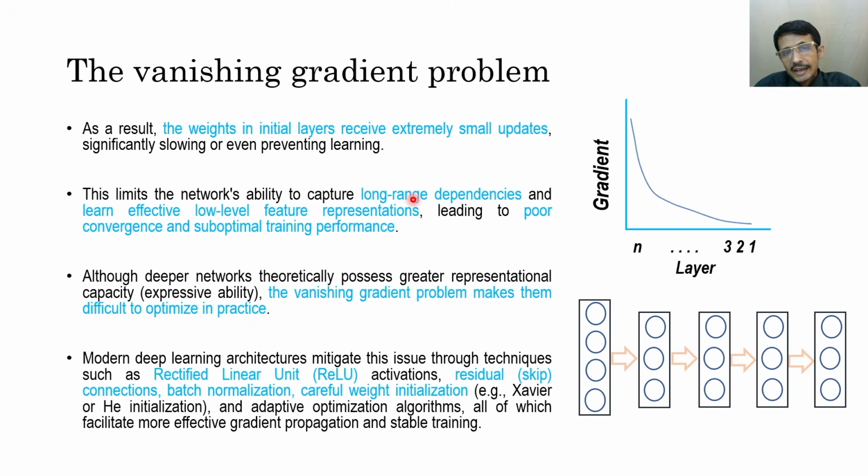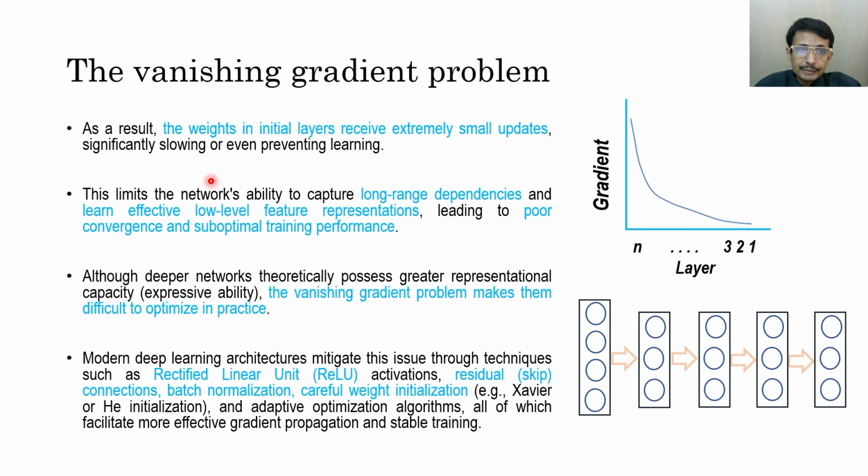Let's try to understand in more detail. As a result of this decay, the weights in the initial layers receive extremely small updates, significantly slowing or even preventing learning. Learning means convergence.